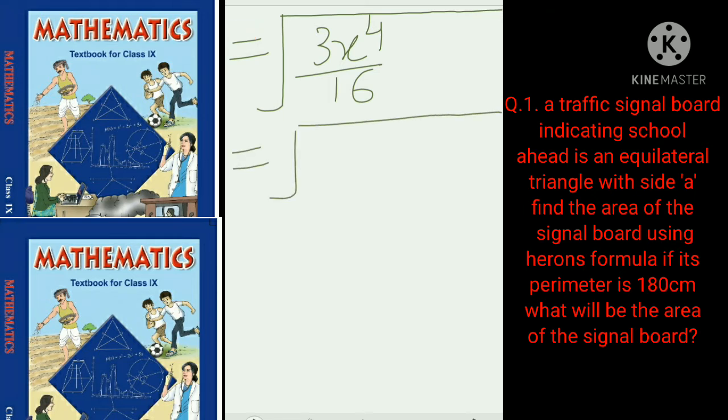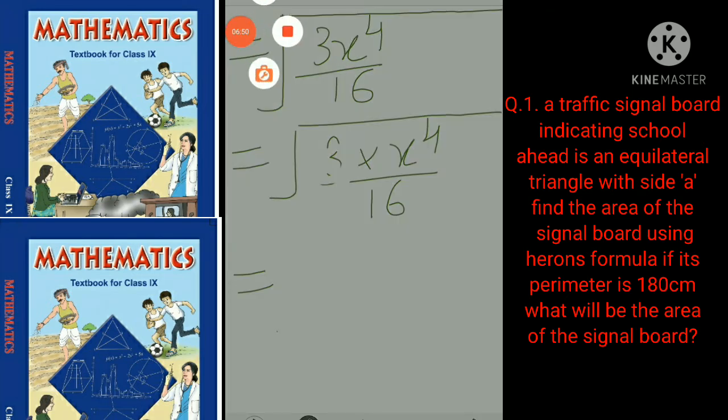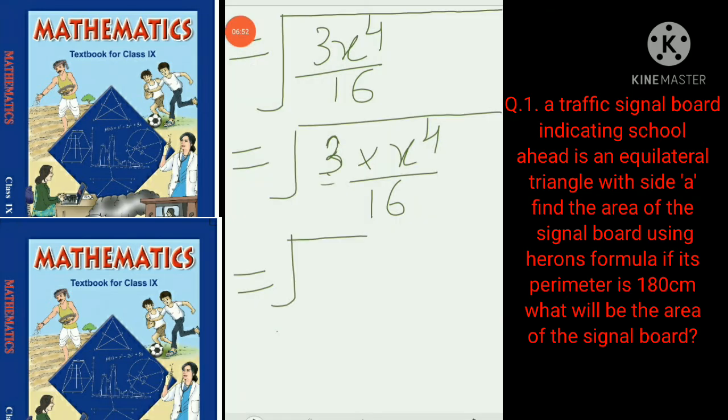Okay, now see what we will do. After this we will separate it: 3 into x to the power 4 upon 16. Now this 3 is not a perfect number, so it will remain in the root.